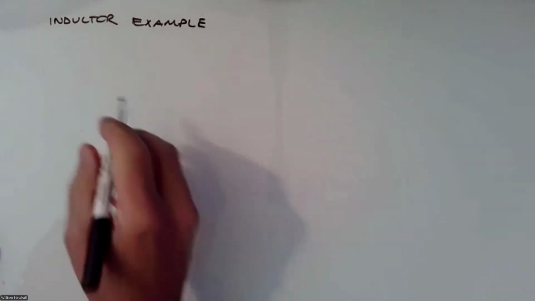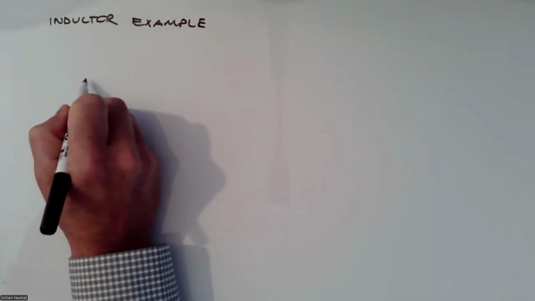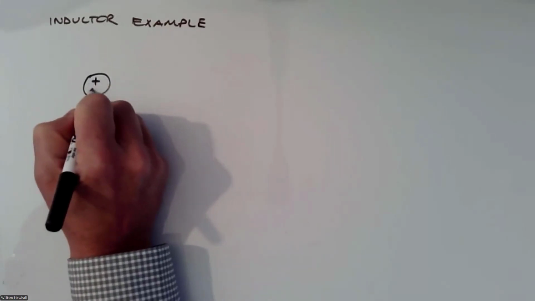So let's do an inductor example. Let's suppose you set this up in lab, and it's not a very good idea to do this. I'll show you why, but let's do it anyway.